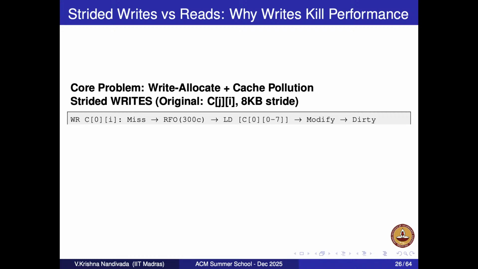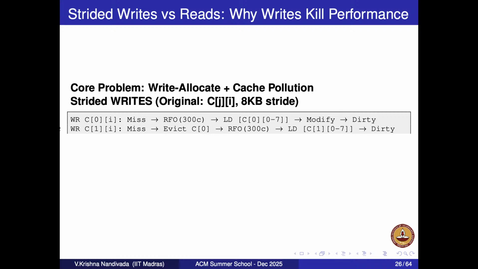And then memory will do the loading. One full cache line, 0 to 7. And then I will modify and mark it as dirty. This is what happens for C0, i. Okay. What happens for C1, i?